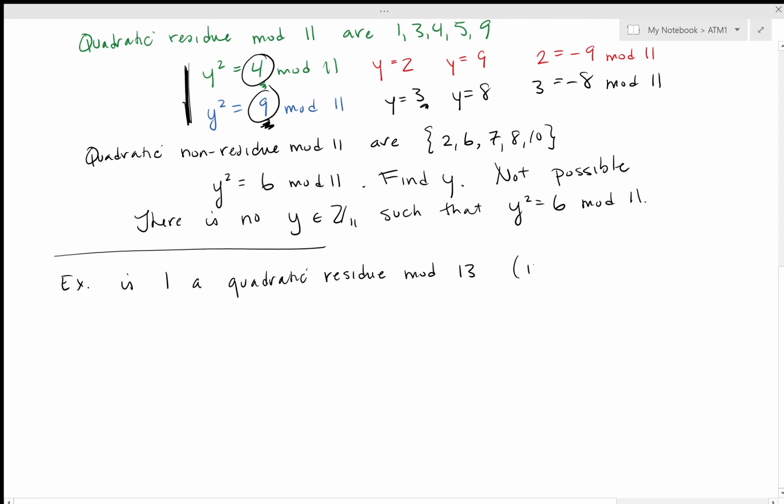So for example, in Z13. Or I could ask, is 10 a quadratic residue mod 13? So these are the kind of questions we could ask.